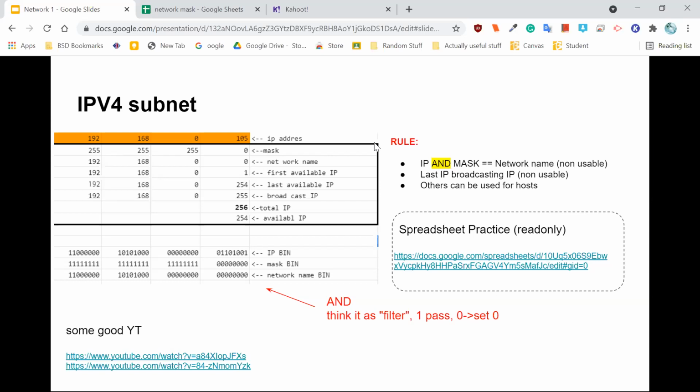You always have 2 reserved IPs. Reserved means you cannot use them. The first reserved one is the network name, always the first IP, which is 0 here. The last reserved one is 255, the very last one. That's 2 reserved. Anything else you can use.